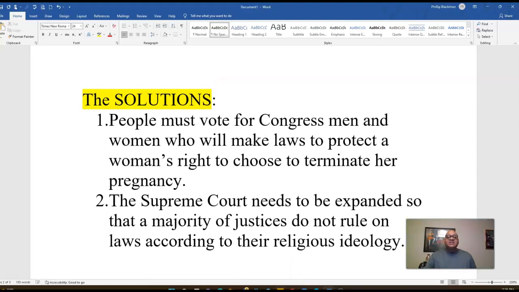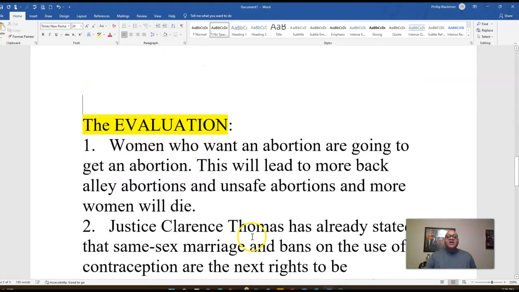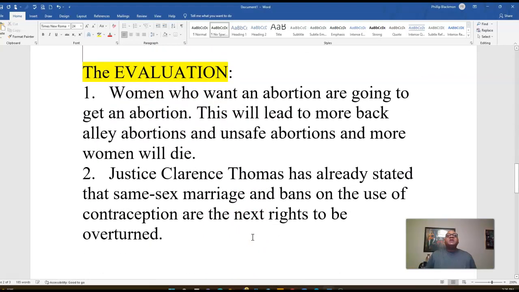And then the last section of the paper is the evaluation. Here is where you're going to make a prediction about the future and what is going to happen as a result of the situation, which creates the problems that you're going to talk about in your paper. So in the evaluation, make a prediction.